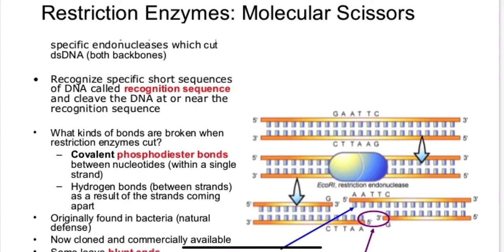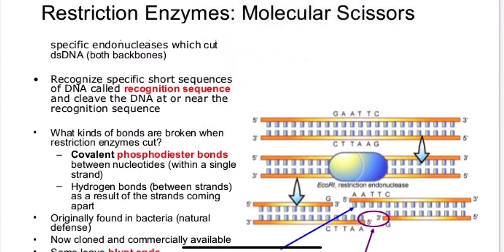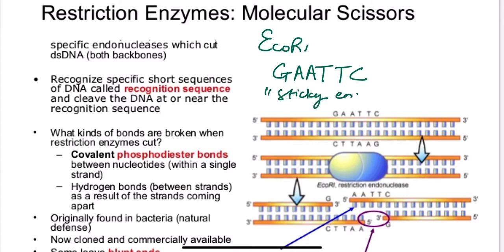A typical recognition sequence we see discussed often is that of the restriction enzyme EcoR1. EcoR1 will cut at a specific restriction sequence, namely GAATTC. What happens then is the creation of what we call sticky ends on each side of that cut.